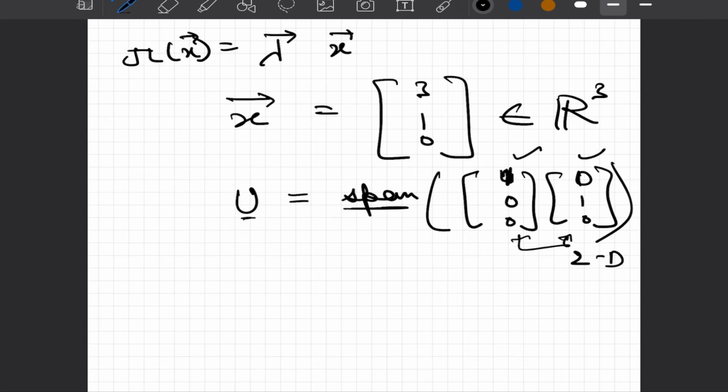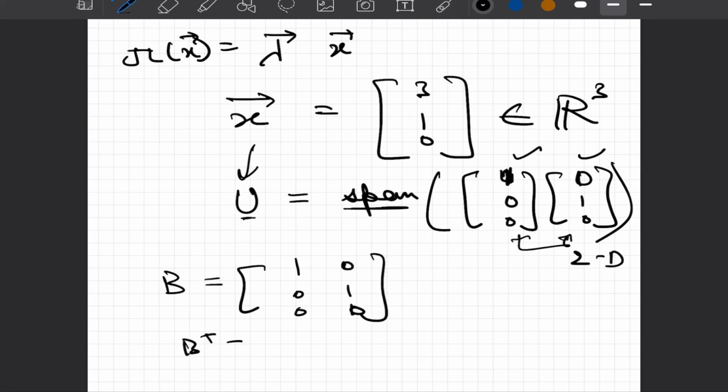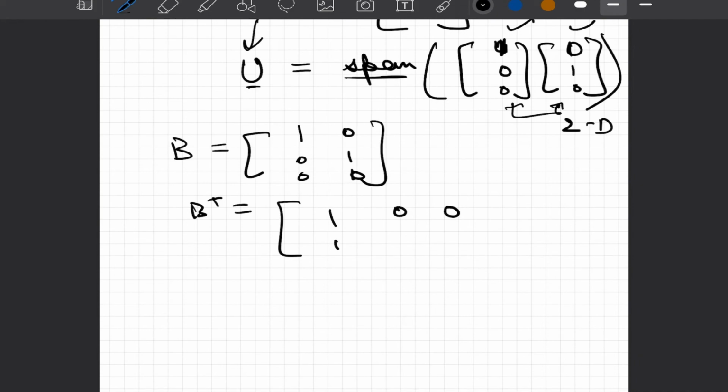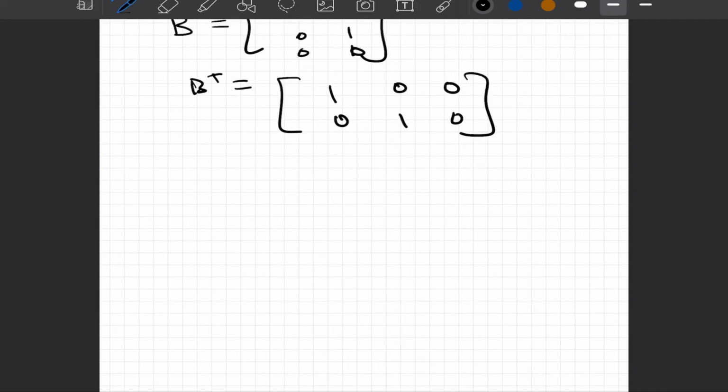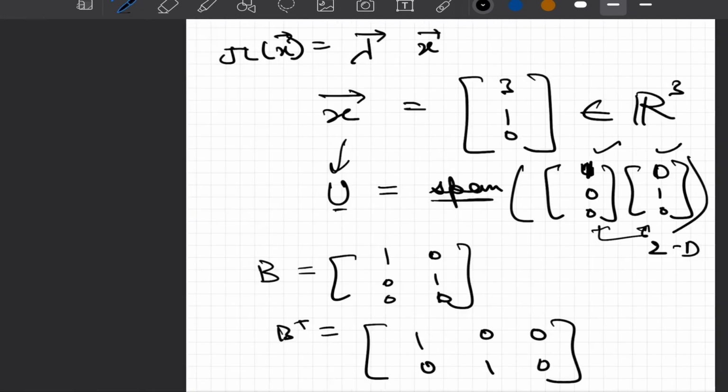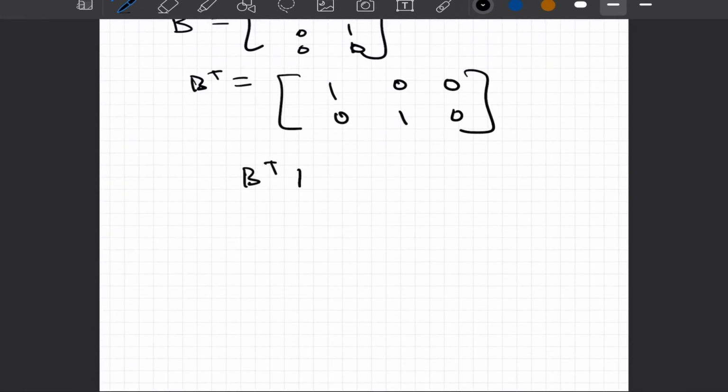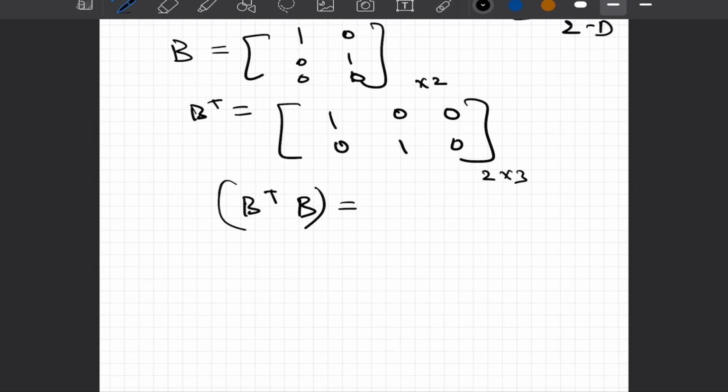And now the question is how we can do this projection of x onto a lower dimensional space. Now in this case we can write our B as 1 0 0, 0 1 0, and B transpose in this case would become 1 0 0, 0 1 0, and hence we can easily go back and calculate B transpose B. So this is now 2 cross 3 multiplied by another matrix of size 3 cross 2.